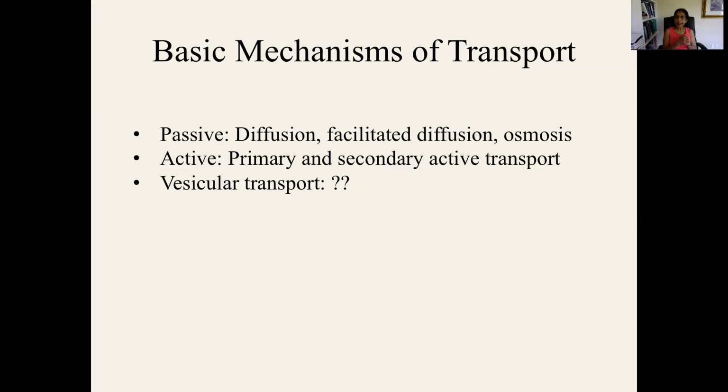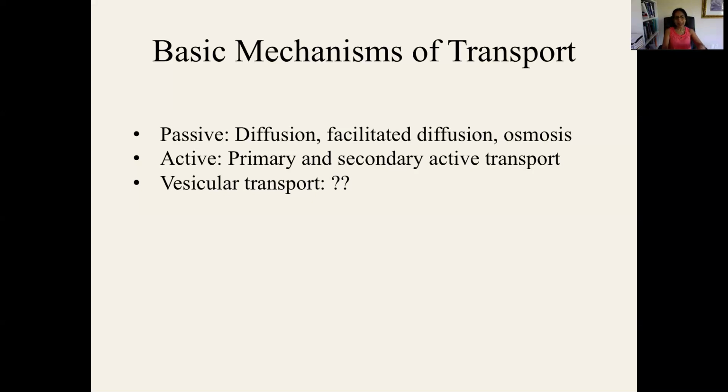Do we need ATP for this? Well, again, it's a function that eventually will require the synthesis of the membrane to be used to form this vesicle, but not directly.